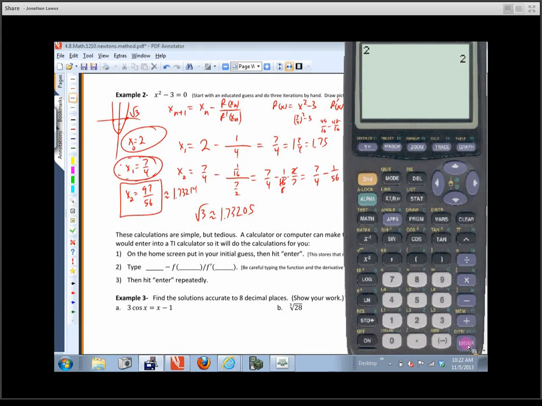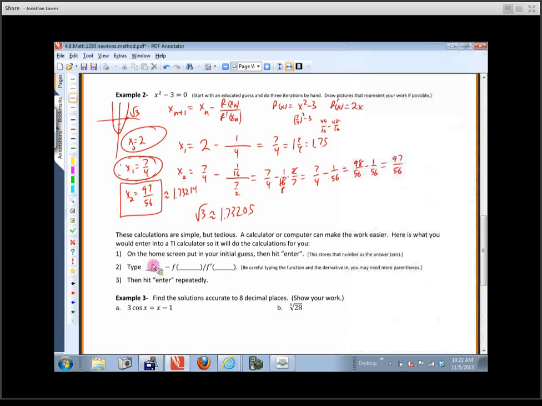That puts it in the calculator's memory. Remember, the method is based on what our old guess was. We just put in our old guess, and in these calculators, it's stored as the answer. So we're going to do answer, function of the old answer, and then the derivative of the old answer. So let me show you how that's done on this problem right here.